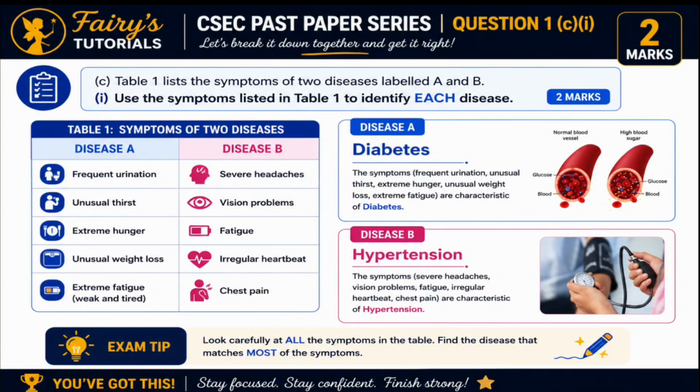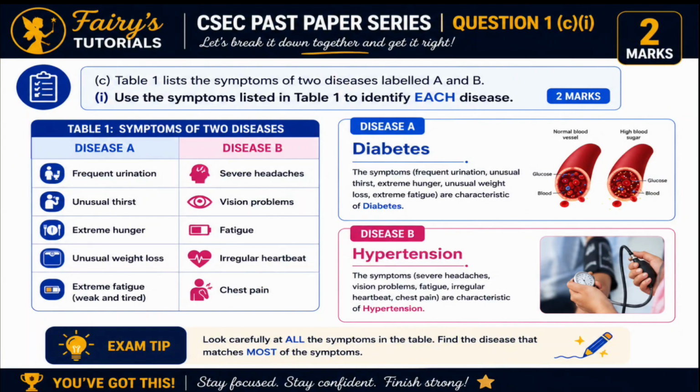So disease A has frequent urination, unusual thirst, extreme hunger, unusual weight loss, and also extreme fatigue, right? Which means you're weak and you're tired. While disease B has severe headaches, vision problems, fatigue, irregular heartbeat, and chest pains, right?